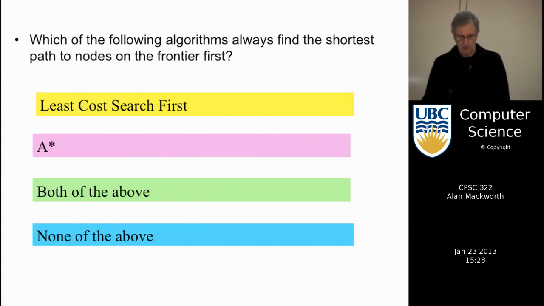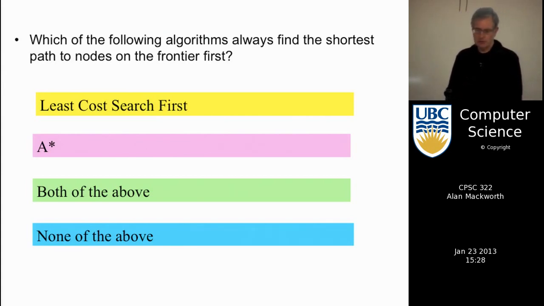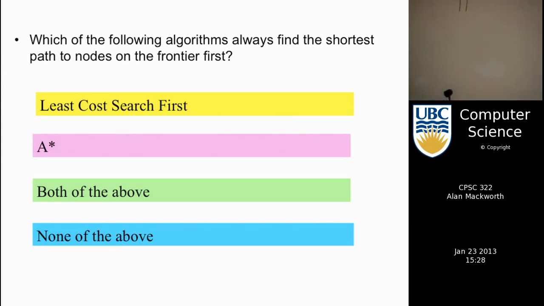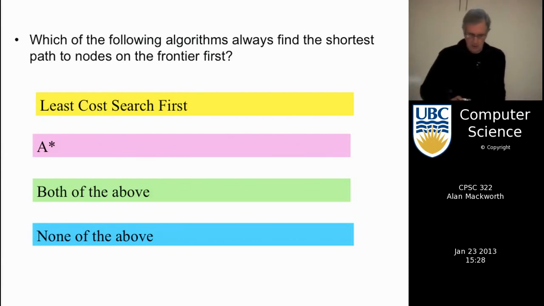Let's just consider 2 algorithms: least cost first search, or A star. Could one of those, or both of those, or none of those find a shorter path later? Could it be guaranteed to always find the shortest path first, or in other words, never find a shorter path after finding a longer path to a node? Okay?